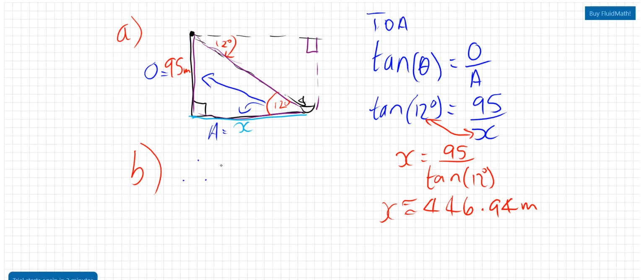So therefore, go back to the question to word it. Therefore, the distance from the base of the cliff, from the boat to the base of the cliff is 446.94 meters. Okay, so you should have had the final statement.